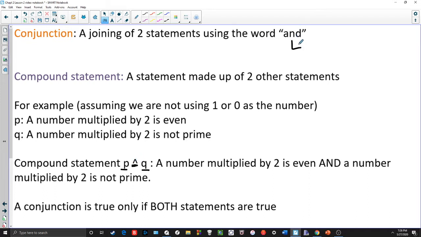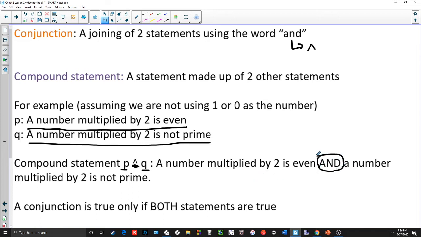So P and Q means a number multiplied by 2 is even, and a number multiplied by 2 is not prime. This would be my conjunction, or my compound statement.